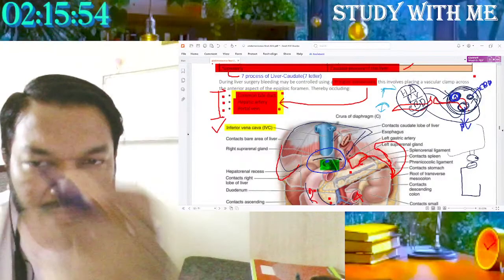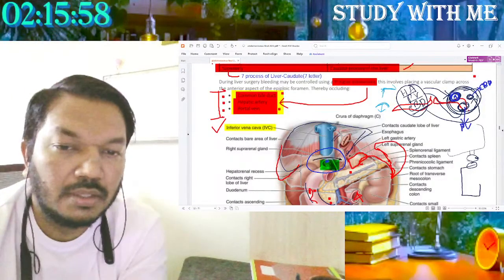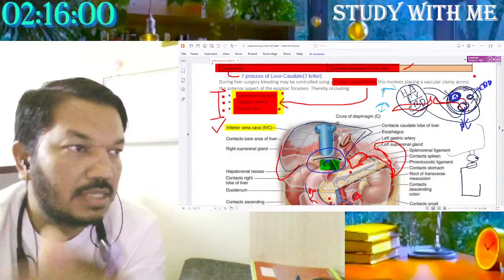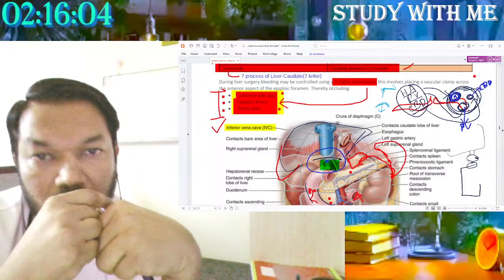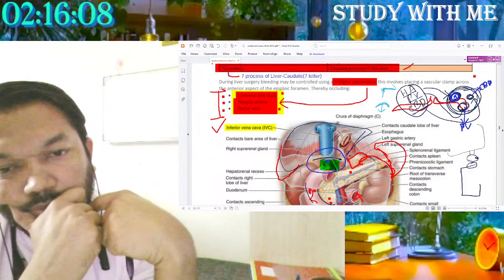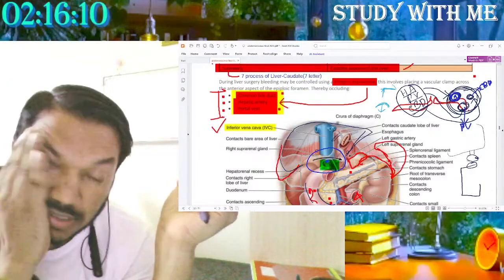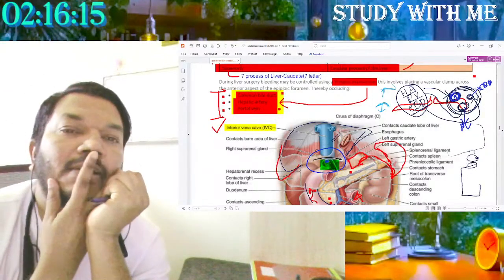This is called Pringle's maneuver. By Pringle's maneuver, through this arrow, the surgeon can put their finger to do the compression. Not the vena cava.